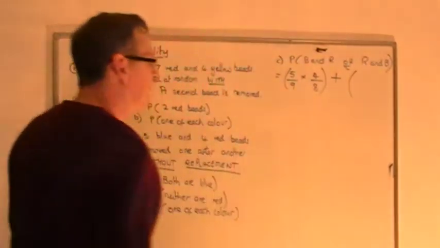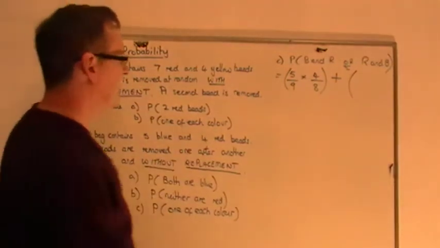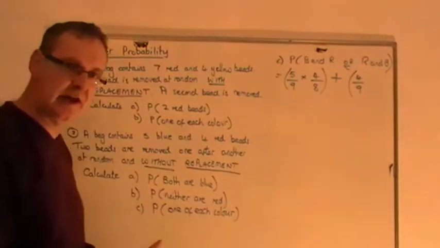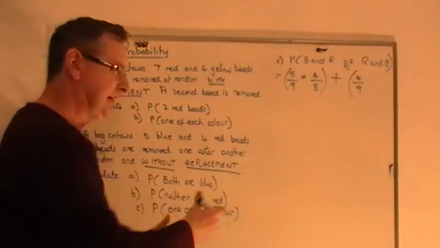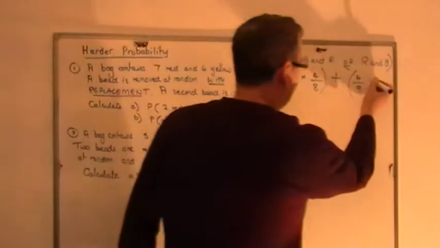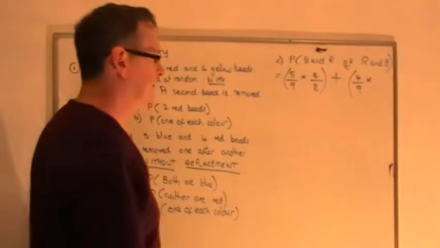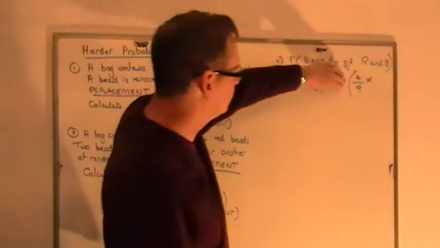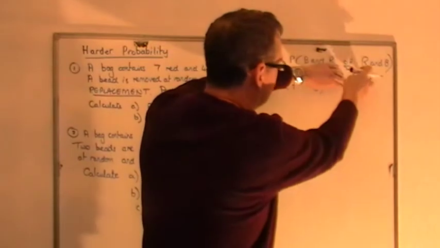Red on the first go. Right, on the first go then, there are 4 reds out of, well, to begin with, if you're starting again from scratch, how many beads in the bag to begin with? There are 9. So it's 4 out of 9. And times. For the second pull out of the bag, if we're doing this option, so this first pull, got a red.